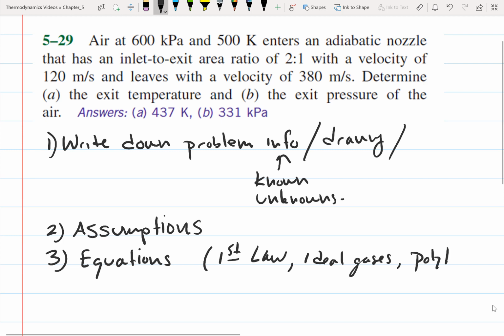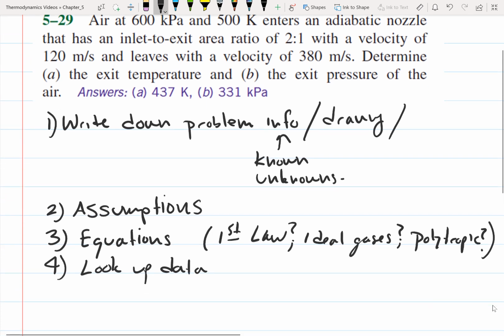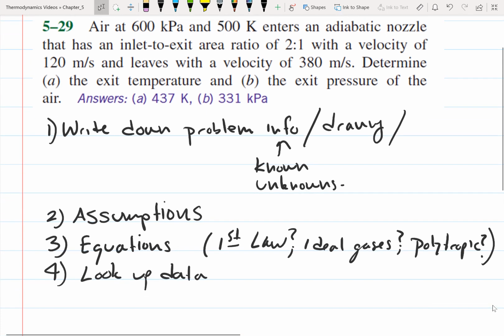Are they polytropic? Do you need the polytropic equation? Just try and list the various equations you're going to use at this step. The fourth step is to look up data. Do you need any data from the tables? This is where you'd look it up.